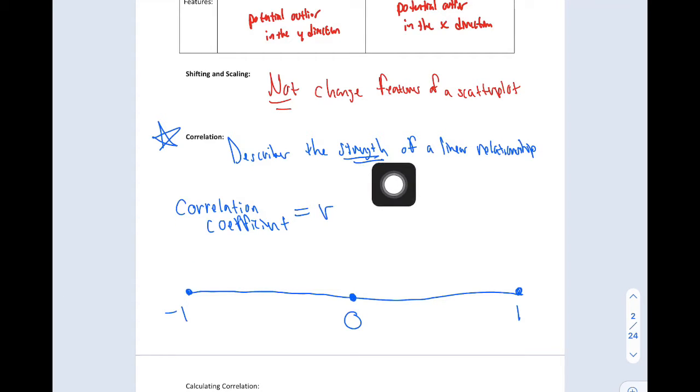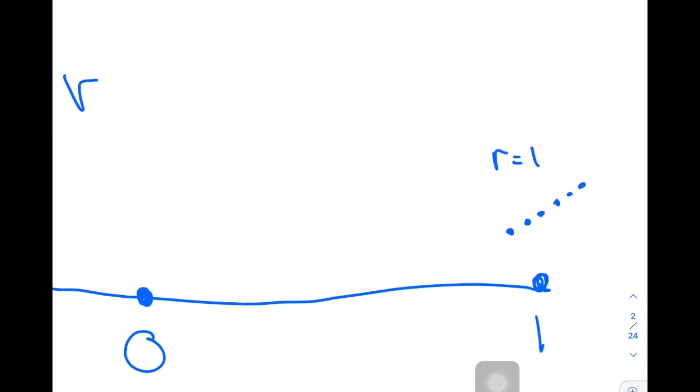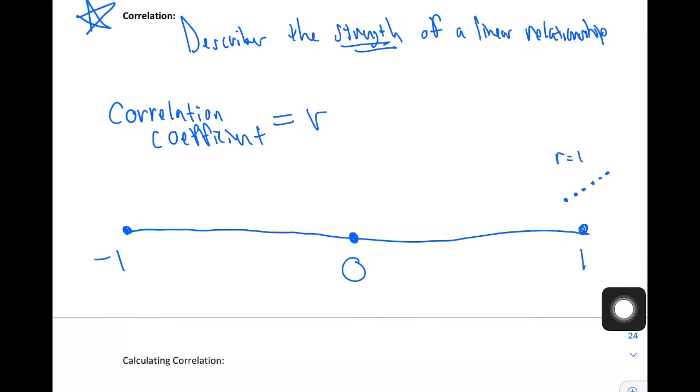So if I have a scatter plot that has a really strong and positive association, it would have an R value of 1. So it could look something like this. Maybe my scatter plot literally makes a straight line, straight linear relationship. That would have an R value of 1.